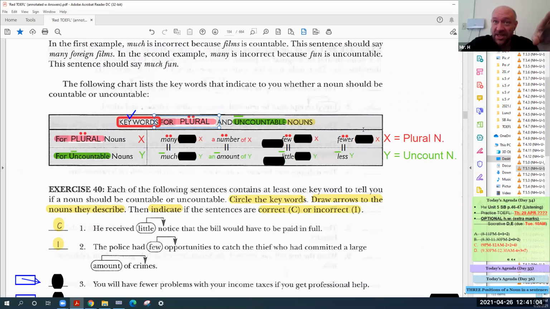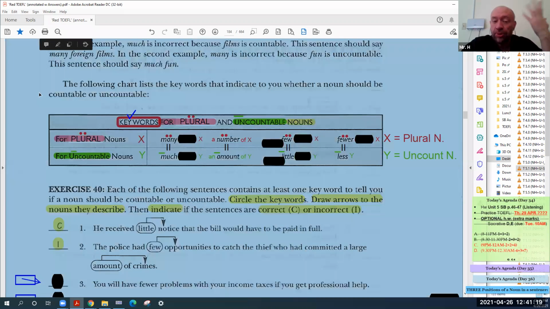Exactly. You see these words down here in the gray box? Can I use these with singular? Of course not. That's why I changed it to say plural, right? But of course, you guys, plural implies, what does the word plural imply?